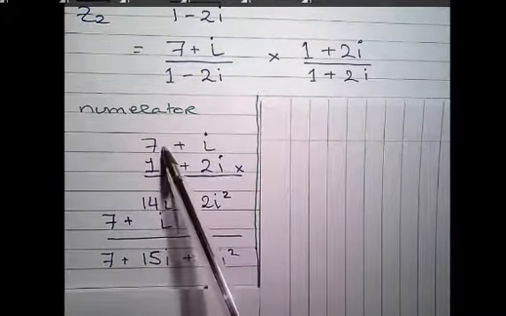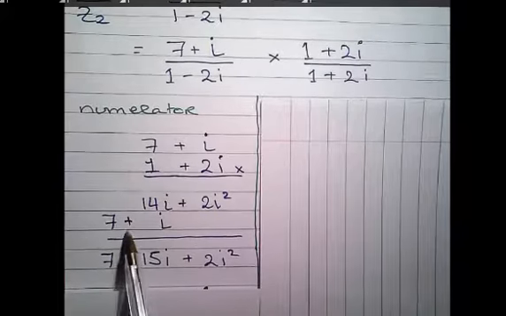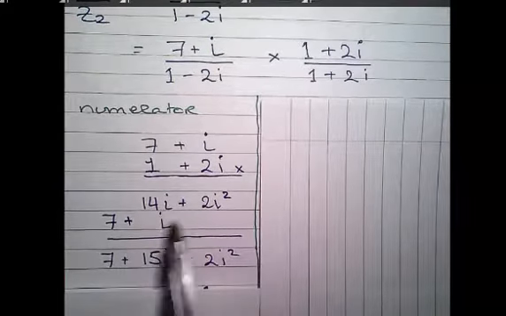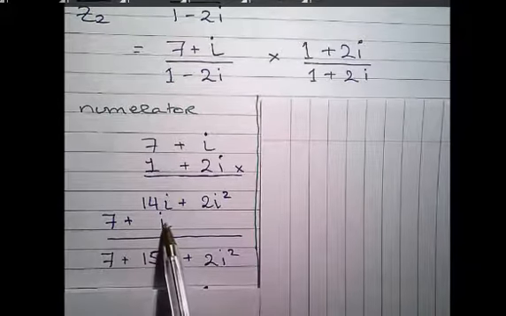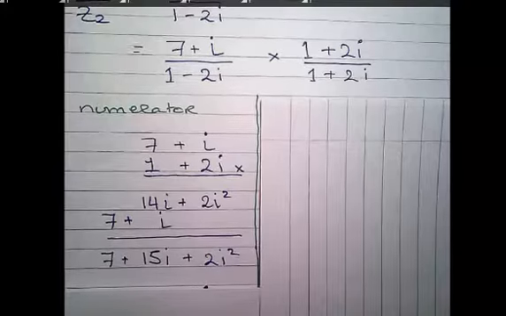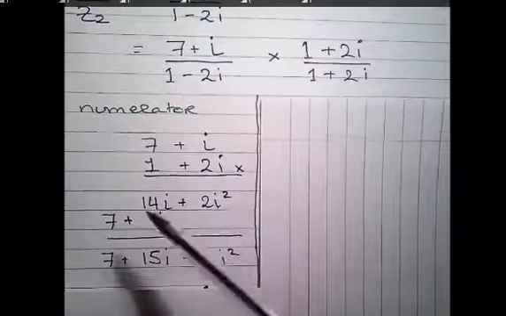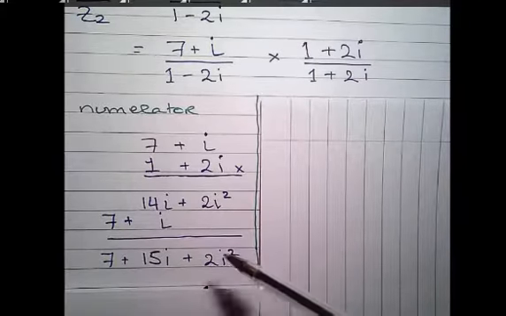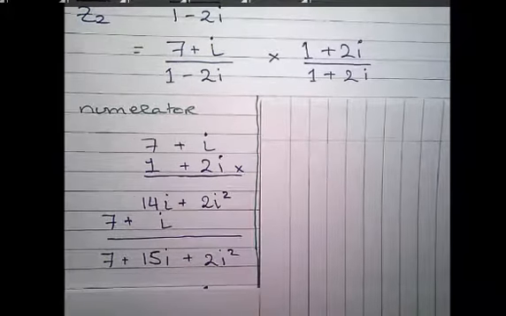Now, 1 times 7 plus i is 7 plus i. Notice the way I kept it split out there, so we have the real, the imaginary parts, and the imaginary squared parts. Just separating them out. 14i plus i is 15i, and 2i squared is 2i squared.